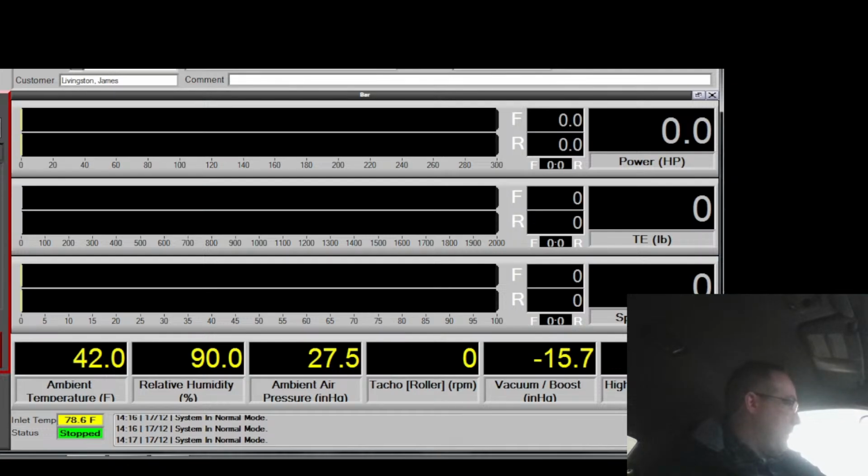So this is an '04 STI. I probably should put that in the title. It's an '04 STI, and it's got a bunch of stuff. Built motor. I don't remember what cams are in it. It's a little low on RPM right now. I need to see if that's the target.